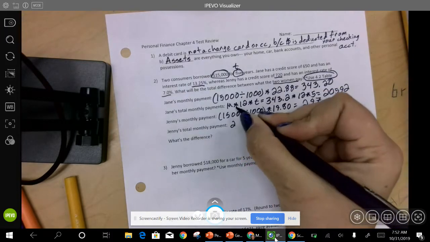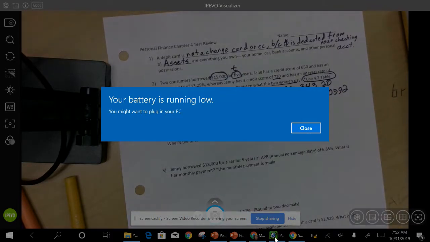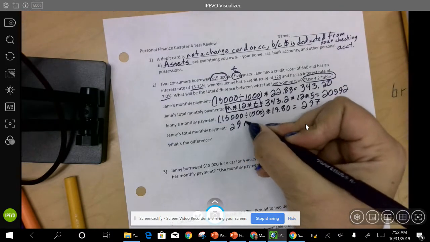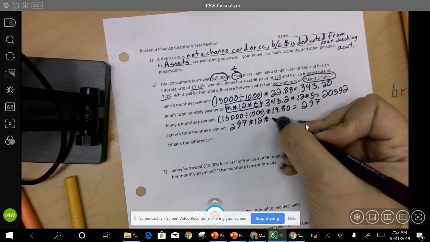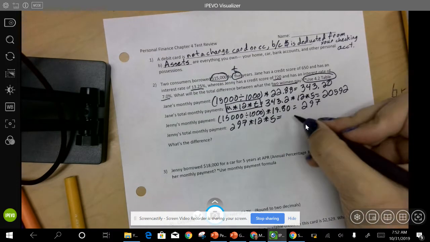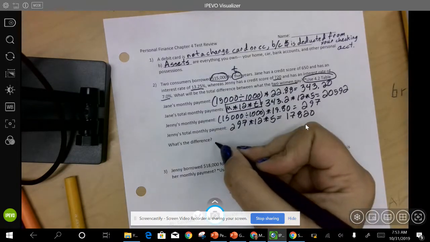So again, remember it's this. So it's going to be 297 times 12 times 5, which is 17,820. So the difference, we're going to subtract those two.